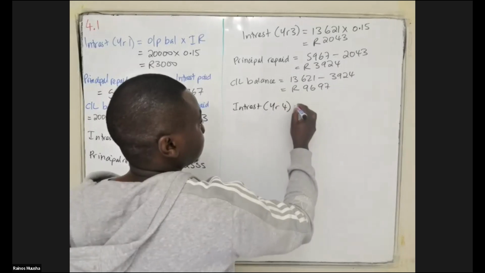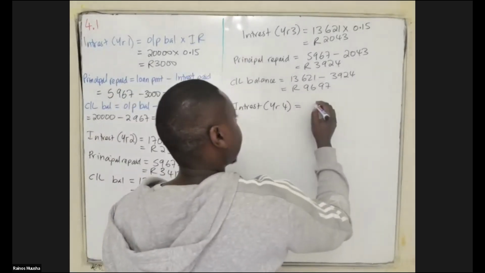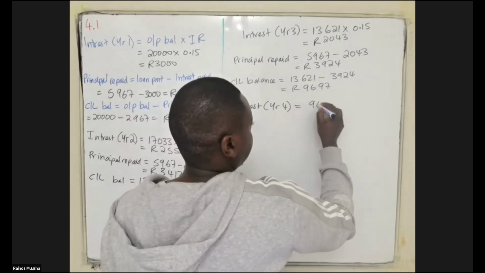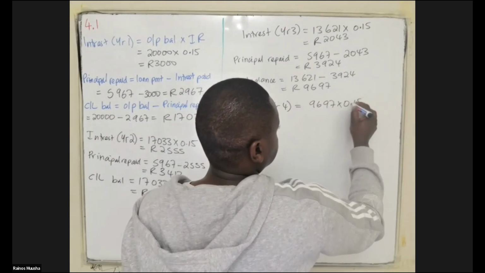Then your interest for year 4 is equal to the closing balance for year 3, which becomes the opening balance for year 4, of 9,697 times 0.15.